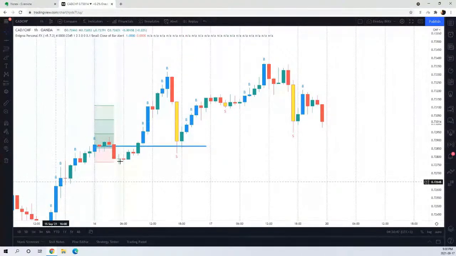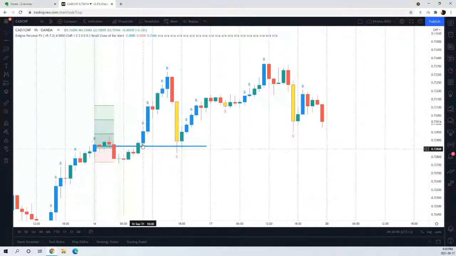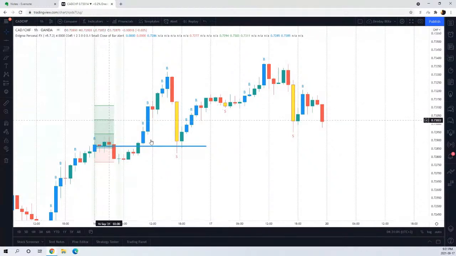But if I see that it went back to the original entry zone, I would re-enter, even though it stopped me out. Let's say I took it and it stopped me out here. I would re-enter for a trade, and then you see, it went back up and hit TP3 easily.